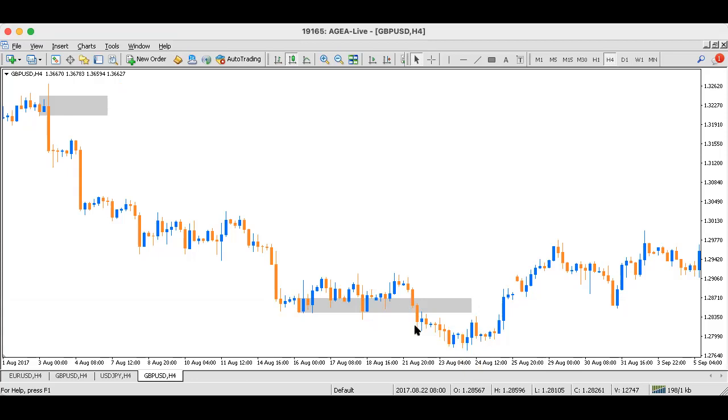Now when it got broken, what happened? This candle broke it, right? But the market had to do what? Retrace, test the zone again before dropping. Now this is the fun thing.